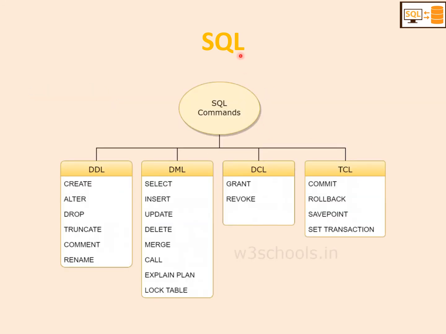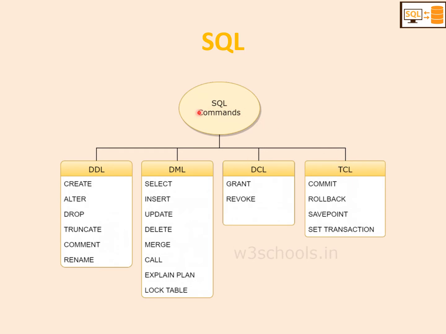Now we can see the different SQL languages as well as the commands associated with these languages. So SQL commands are categorized into four parts: DDL, that is Data Definition Language; DML, Data Manipulation Language; DCL, Data Control Language; and TCL, that is Transaction Control Language.